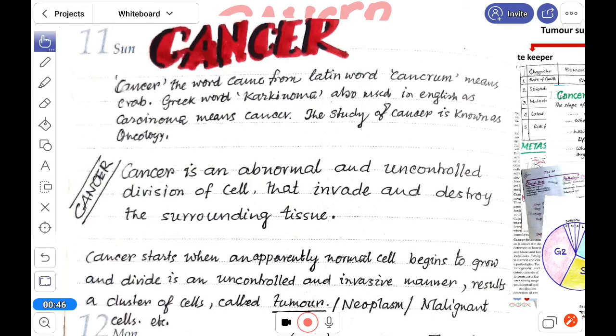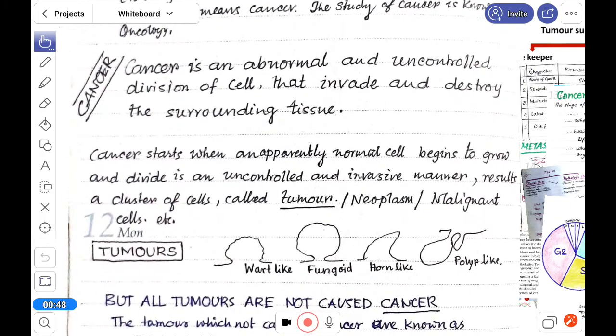Cancer starts in a normal cell, which begins to grow and divide uncontrollably, and forms a tumor, a cluster or mass of cells, which is called a neoplasm. Malignant cells, malignant tumors, many names.